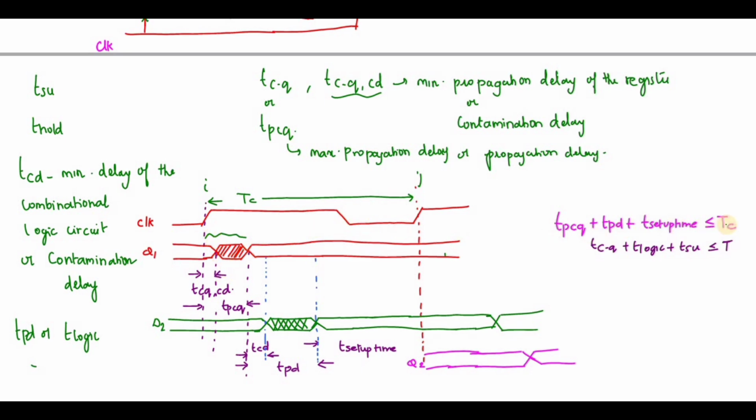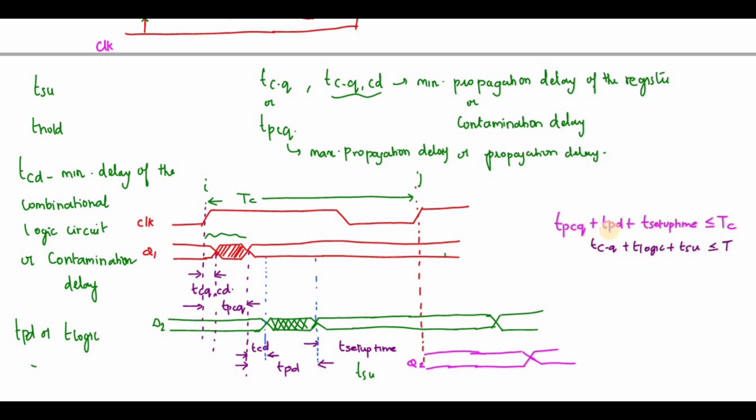So I can write TC equal to the propagation delay of the register, that is TPCQ, plus TPD, the propagation delay of the combinational logic, plus the setup time TSU of the register.